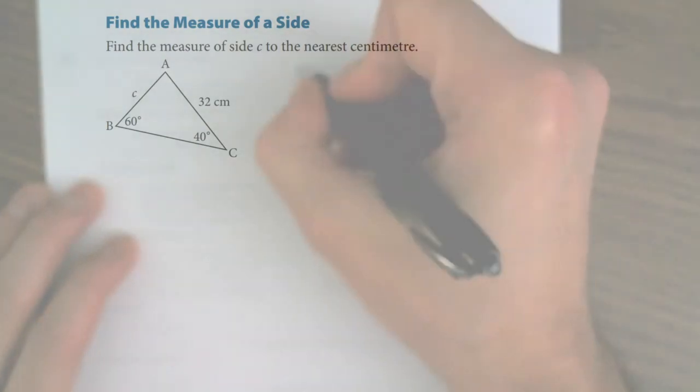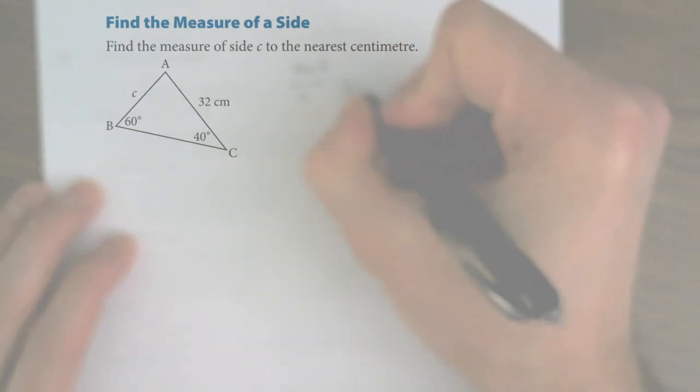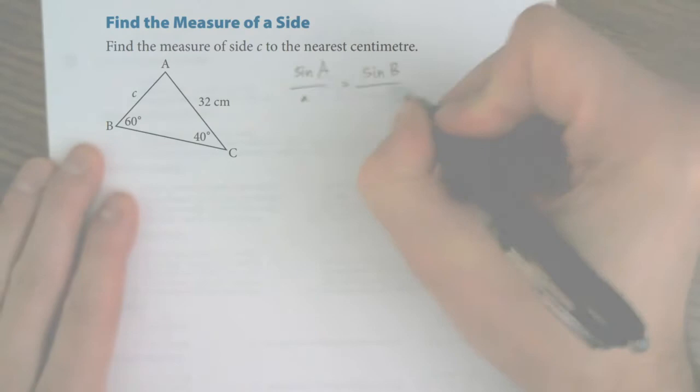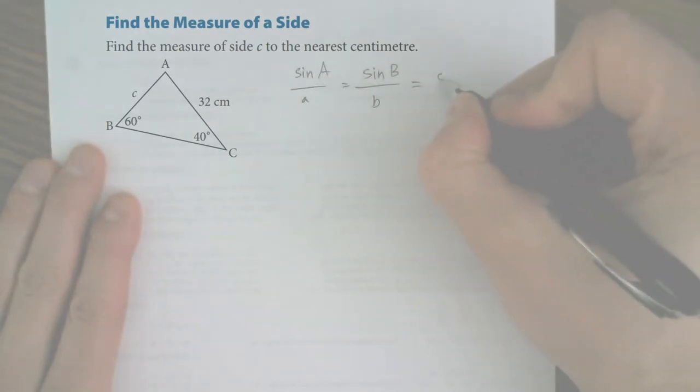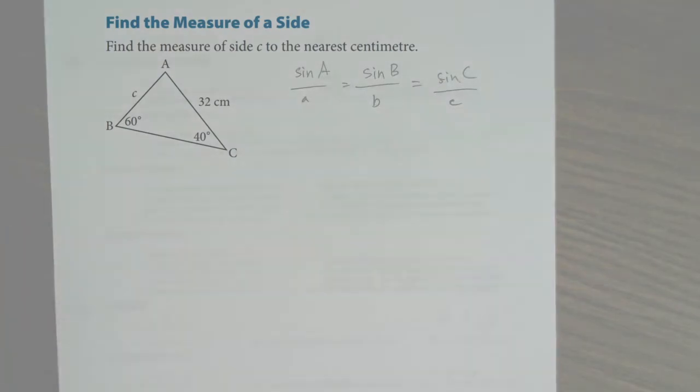And we saw that this ratio is equal to this ratio is equal to this ratio. So let's see if we can use that to solve this triangle.